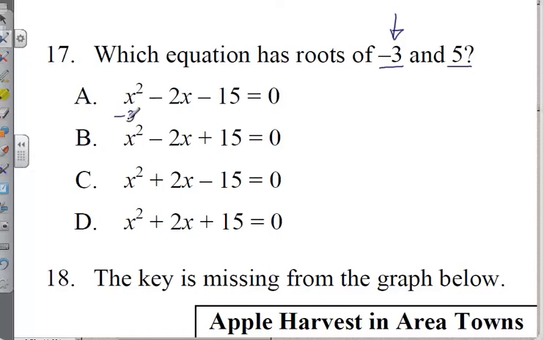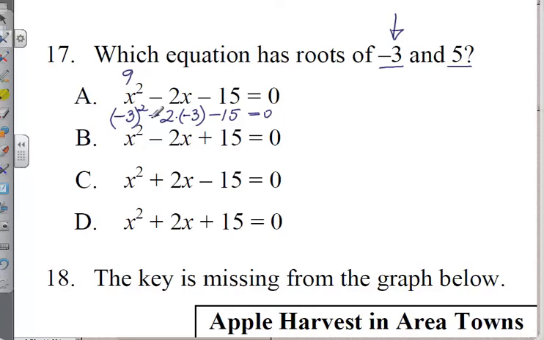And I have what? I have -3 squared minus 2 times -3 minus 15 equals 0. Well, -3 squared is actually what? That would be 9. Minus 2 times -3, right? Or if you want to go by ignoring the negatives, by this subtraction sign first, you have 2 times -3, which is -6.